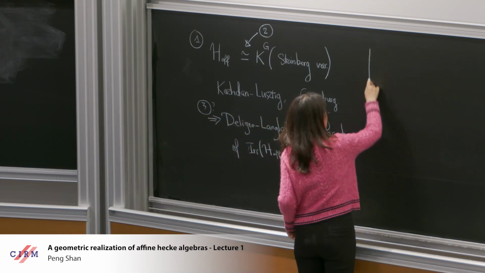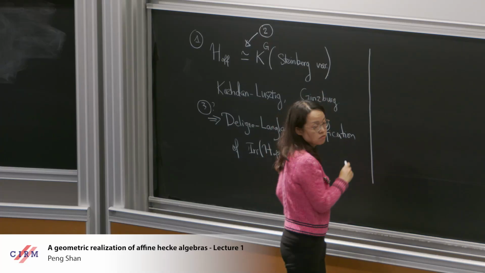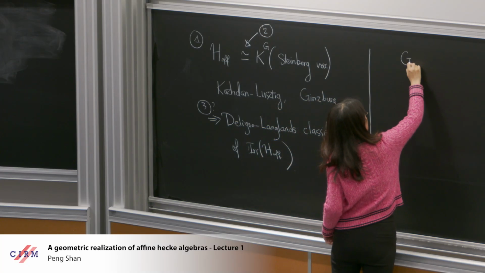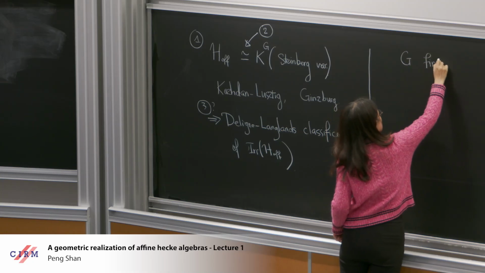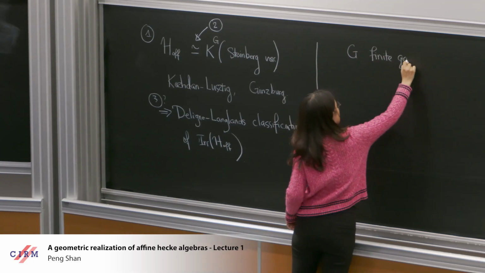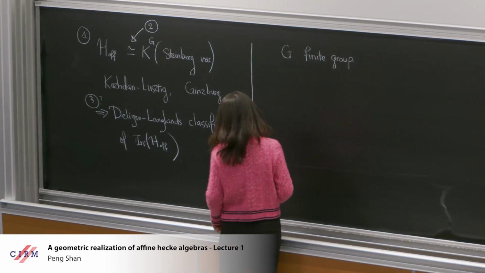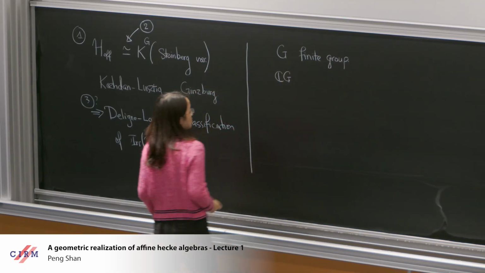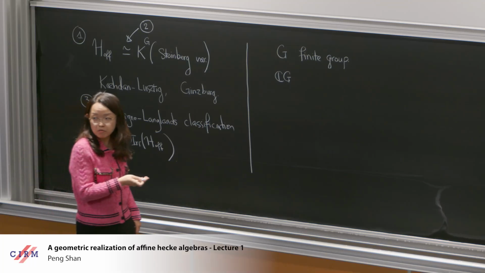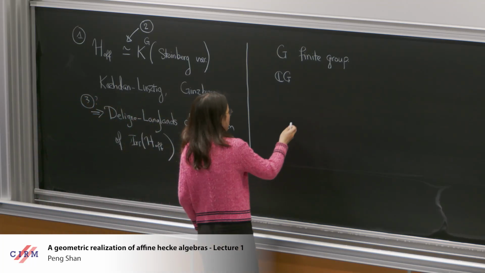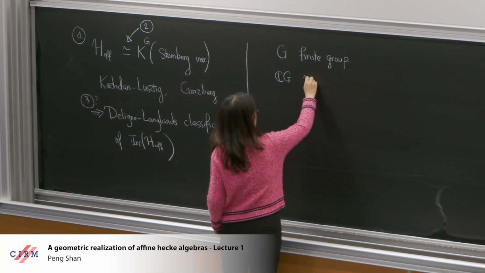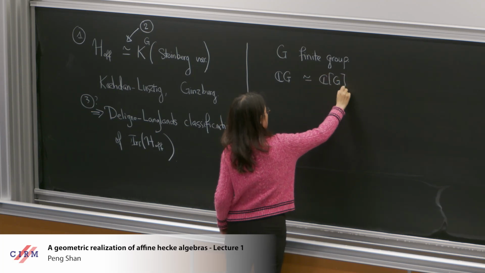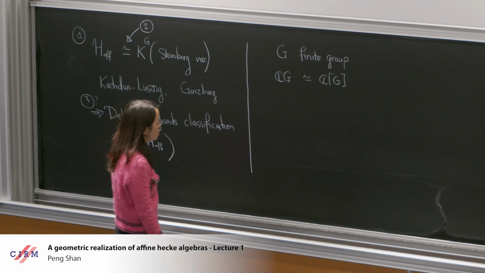So first I want to discuss a little bit about convolution algebras. As you all know, if we start from a finite group G, and then we have a group algebra whose multiplication is induced by the multiplication on G, we can also view this as functions on G, which I denote like this.